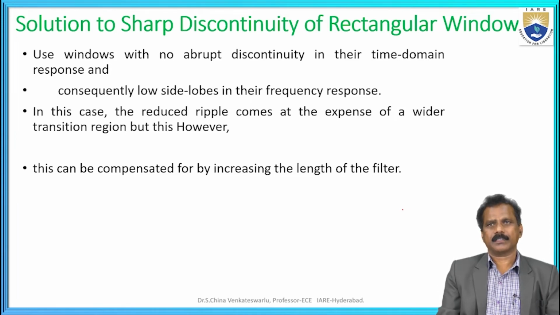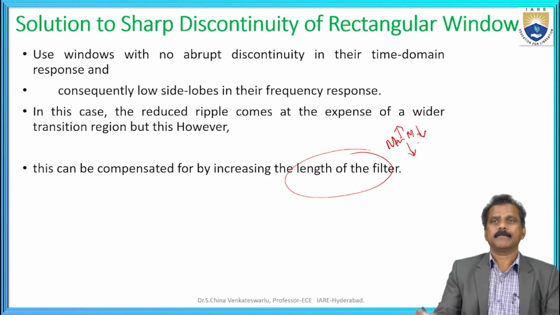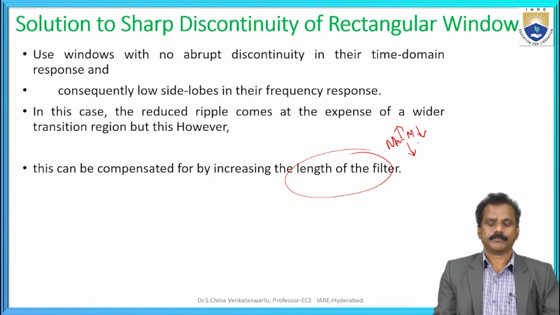So go on increasing the length of the filter. After that, go on using the main lobe. If the main lobe increases, the M value will decrease, and it will not affect the problem.